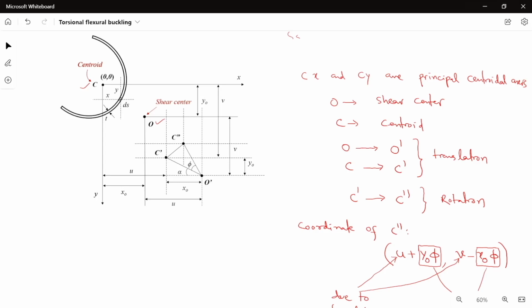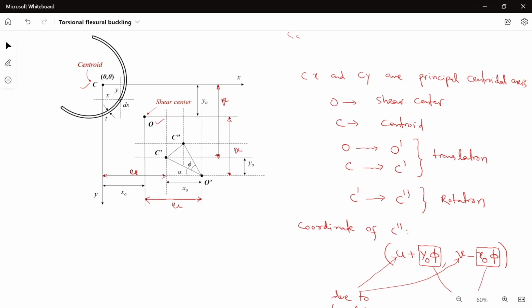The distance is U along x and V along y. The shear center also moves from O to O dash by the same U and V. So the translation of the centroid is same as the translation of the shear center.